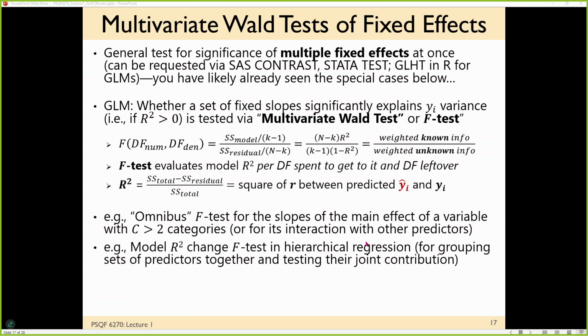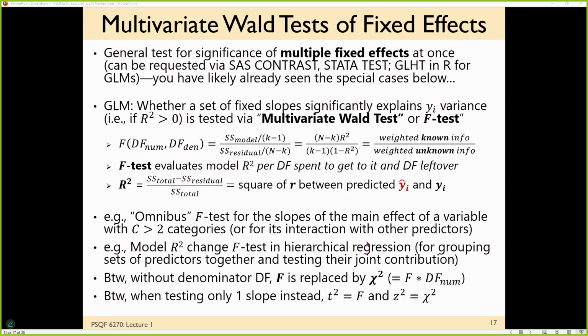Now the bad news. In generalized linear modeling software, this is almost never done for you. We're going to have to do it ourselves, and by do it ourselves, I mean ask the software to do it separately with additional commands. So without denominator degrees of freedom, F turns into chi-square. So F times the number of slopes, which is numerator degrees of freedom, is what chi-square is. So the difference is the p-value because it's a different reference distribution.